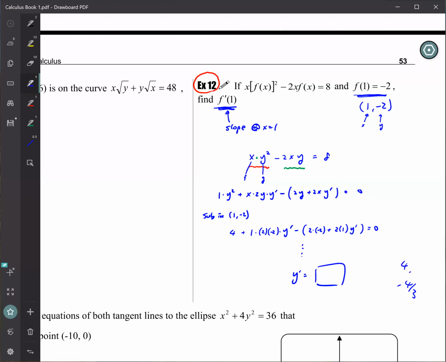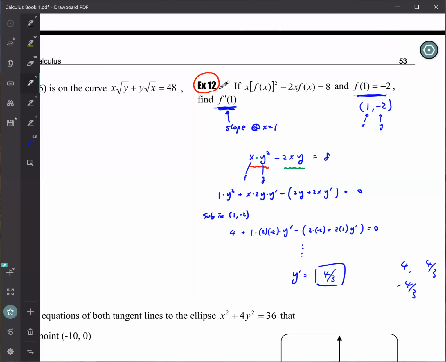Positive 4/3. Carrie? Also positive 4/3. Joan? Positive 4/3. Okay, it is 4/3.